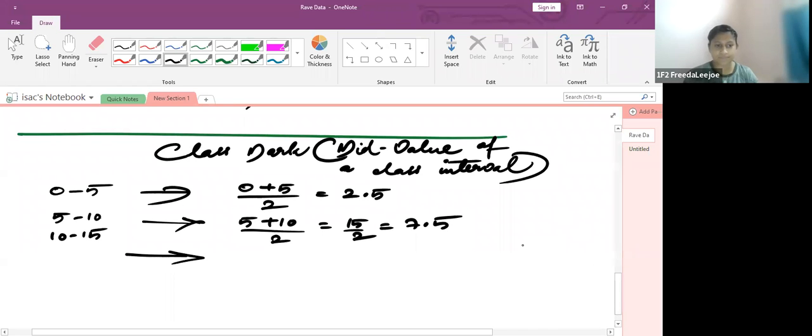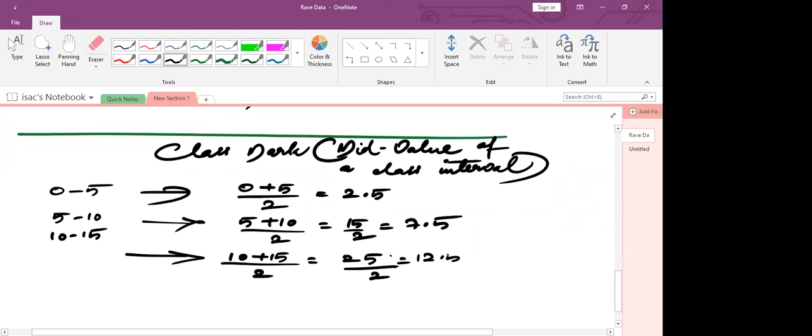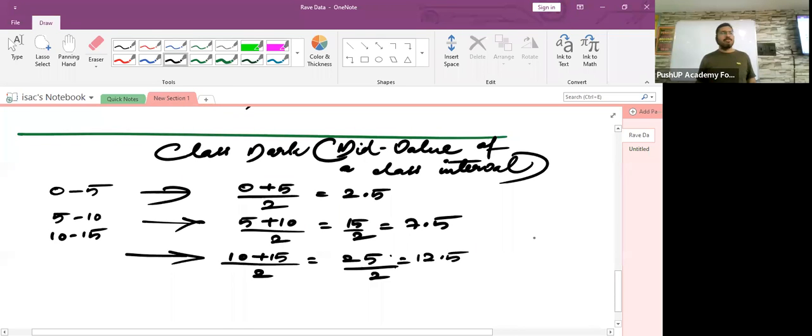Yes, sir. Okay. Asra, Mayur, Terence, everyone? Aaron, Abby? Yes, sir. Devaditya? Yes, sir. Okay. What is the class mark of the third class interval? 10 plus 15 divided by 2. How much is 10 plus 15? 25. So 25 by 2 is how much? 12.5. This becomes the class mark. Okay. So that part is also clear.